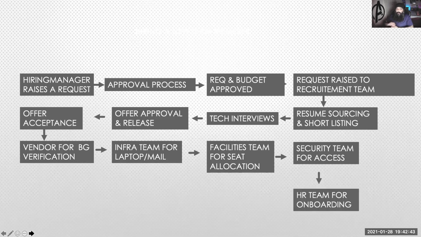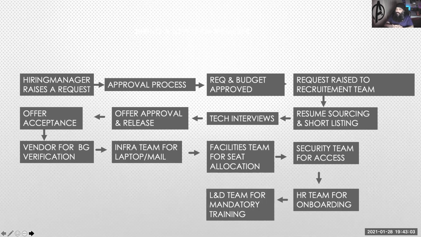Once this is ready, what happens? Now you have the HR team coming in for the onboarding aspects, right? There are a few other things that need to go on. So for all the onboarding activities, the flow comes to the HR team. And once the onboarding is done, what do we do? Then we involve the L&D team, right? Why?